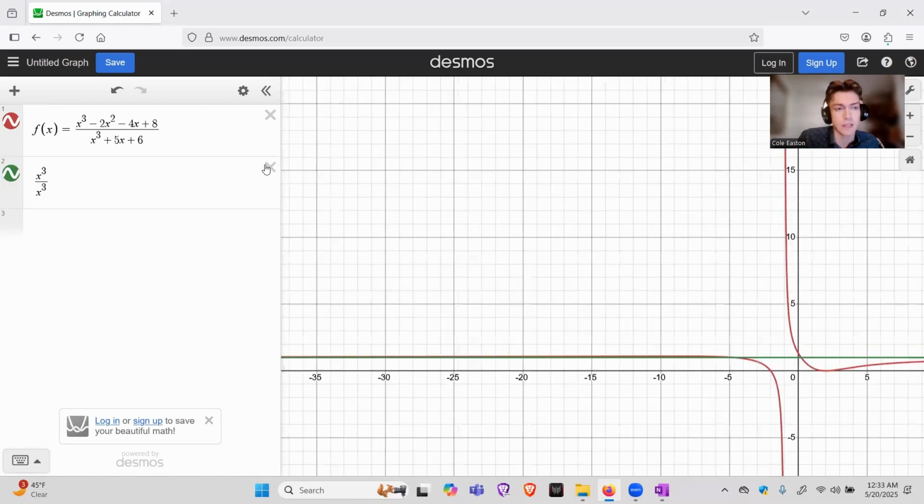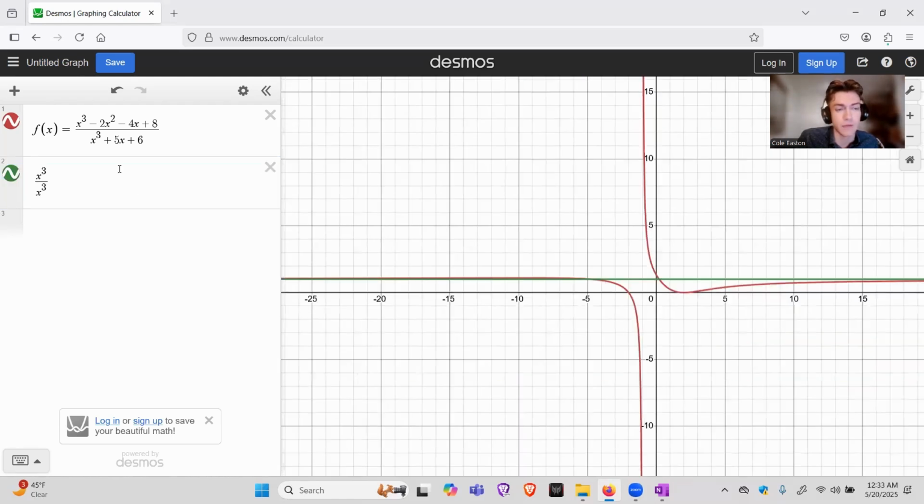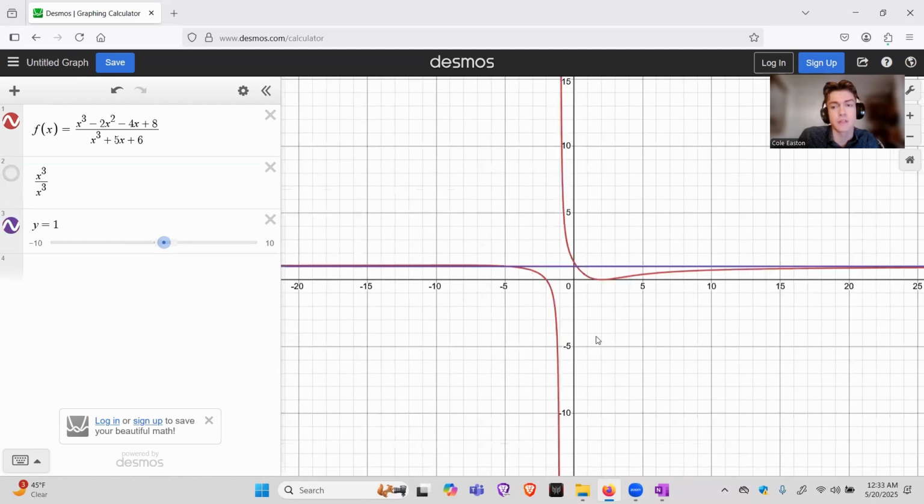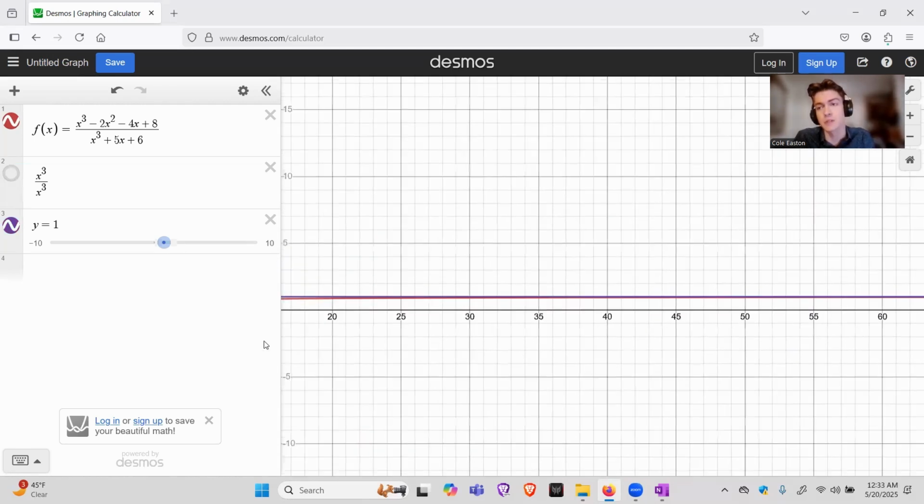So we're saying that this is essentially like -3 over -3. And so that's like the function x cubed over x cubed, which is really just the function y equals 1, right? And so we see that it approaches this line, this constant function, as we approach positive or negative infinity.